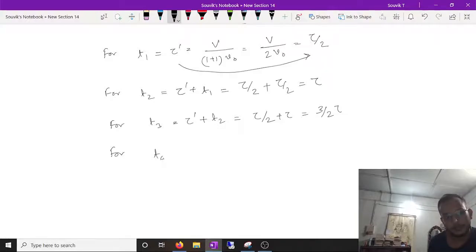For T4 we have tau dash plus T3, which is tau by 2 plus 3 by 2 tau, equal to 2 tau. So ultimately what we have is tau by 2 for T1, tau for T2, 3 by 2 tau for T3, and 2 tau for T4.